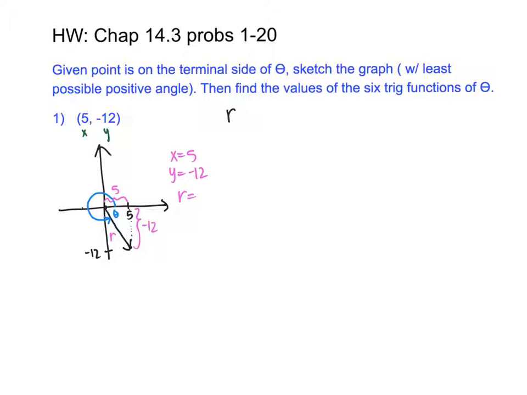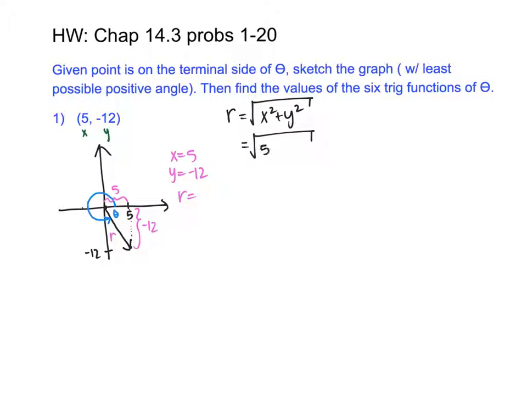Remember, the Pythagorean theorem is r squared equals x squared plus y squared. Or if you're used to this now, you know you have to take the square root to get rid of that square, so might as well just write it this way. What I'm going to do to find r is plug in my x and y, which I already have, right? On the graph you can see them, so I'm plugging them in.